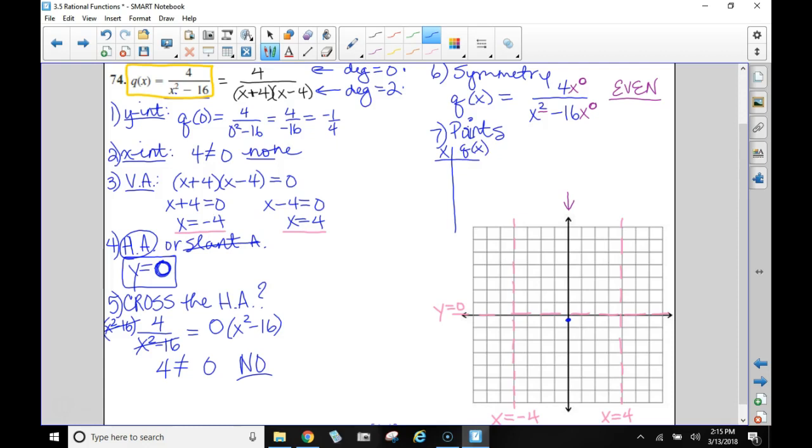Okay? Now, I'm pretty sure I know what happens, since this thing does not cross the horizontal asymptote, but it has to go through this point and is symmetric about the y-axis.